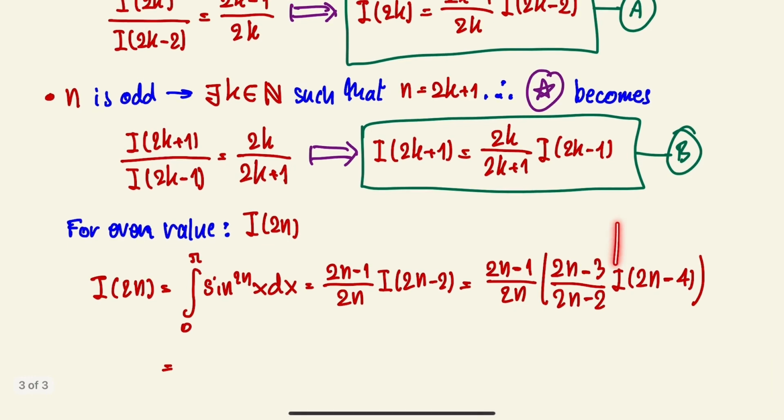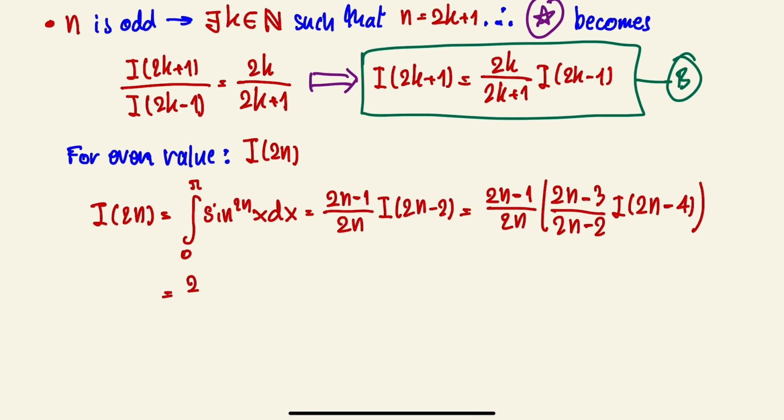We use the recurrence relation, so we have 2n minus 1 over 2n. The next term is 2n minus 3 over 2n minus 2. The next term is 2n minus 5 over 2n minus 4.